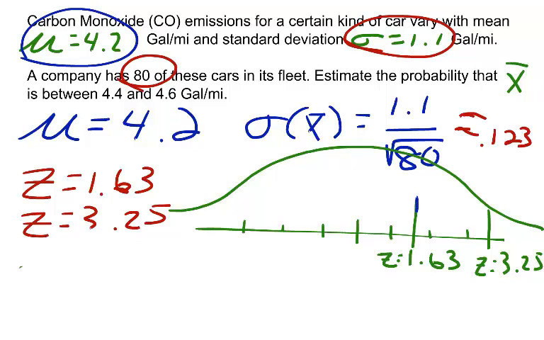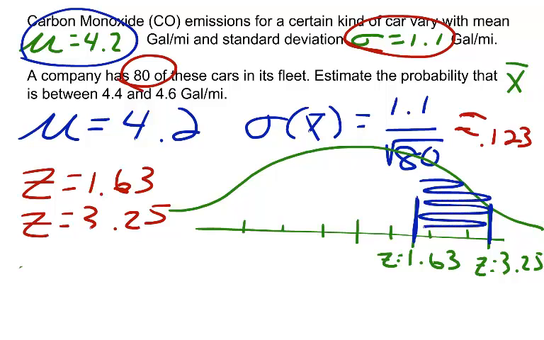Here we have the approximate point where z is equal to 1.63. That's associated with 4.4 gallons per mile. Here we have the approximate point, 3.25 standard deviations above the mean, where emissions are 4.6 gallons per mile.